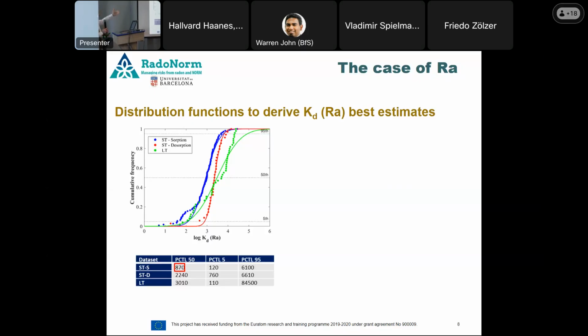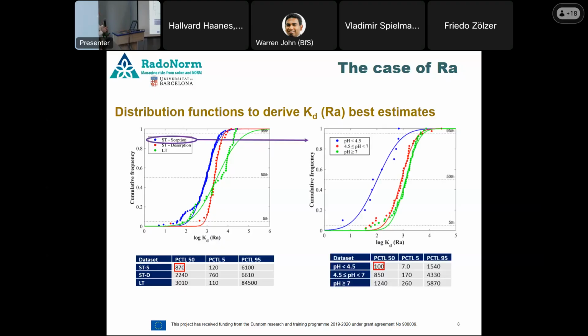And even, for instance, taking the sorption population as an example, for a regular parameter that is always informed, like pH, we can make a step further and say, okay, let's distinguish acidic soils from non-acidic soils. And at least we may get KDs differing by one order of magnitude, which sometimes makes the difference in risk assessments.